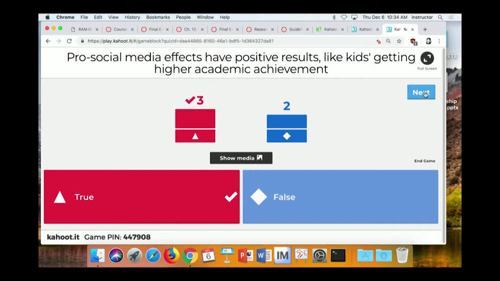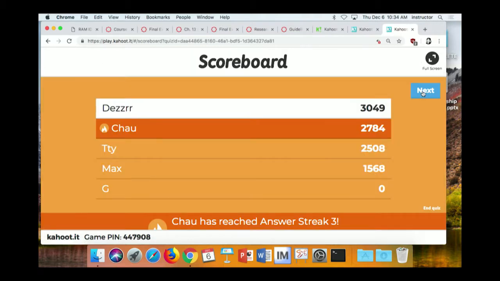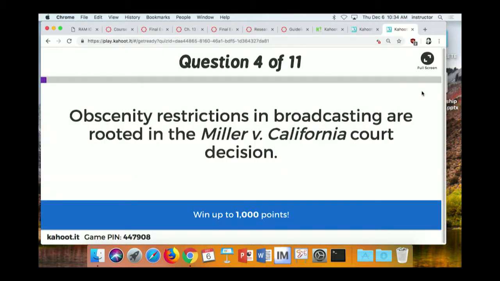Here's the idea that if kids start their lives out watching Sesame Street and learning how to count and maybe even learning a little math early on in life, that they actually do better at school, which is proven. So that is one of the specific pro-social outcomes that is proven. So that was true, that answer.